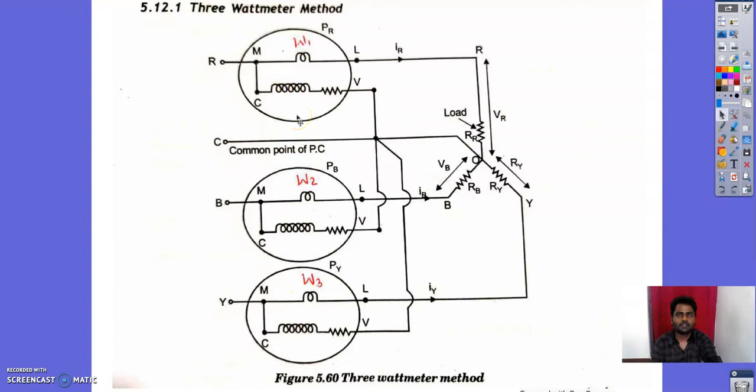That is why it is termed a 3-element wattmeter. The voltage across the phase will be equal to the voltage developed in the pressure coil, given by VR, VY and VB respectively. So this shows the diagram of the 3-wattmeter method.